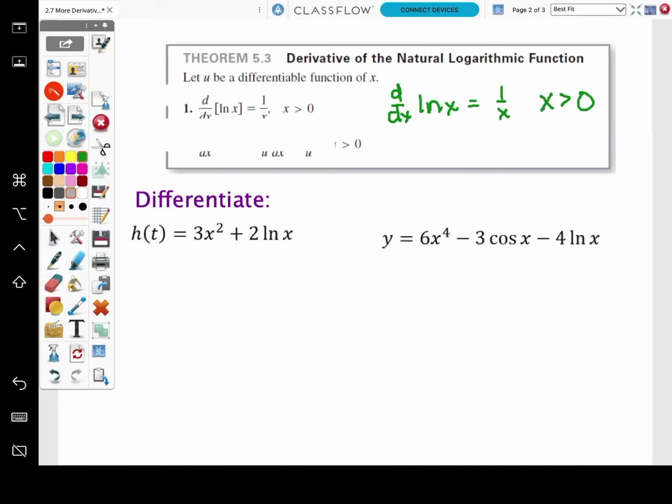And of course, there's a domain restriction on the natural log that x has to be greater than 0. So that domain restriction is still there. Okay, derivative of natural log is 1 over x.